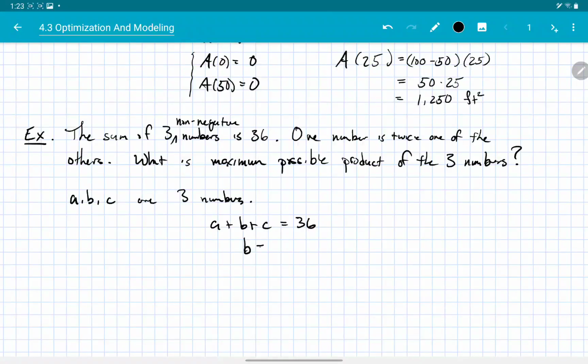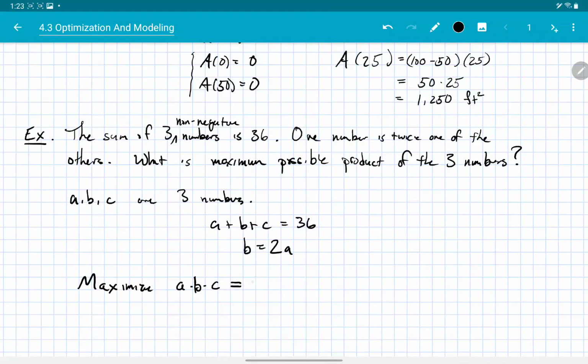So let's say that B is twice A. It doesn't matter whether I say C is twice A, B is twice A, or A is twice C. It doesn't matter which one we pick. We just got to pick one and be consistent there. And we want to maximize A times B times C, right? That's the quantity we're trying to maximize in this situation.